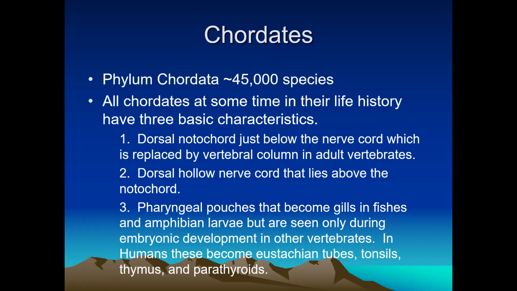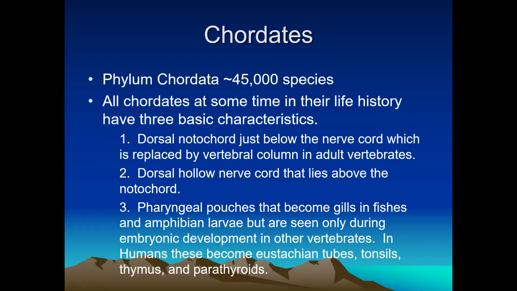And then the third thing is pharyngeal pouches. I mentioned that in the Mechanisms of Evolution lecture that I gave, which is recorded on here. I talked about how we look at embryological development to show how similar things are. I had the chicken embryo and the human embryo, and you could also look at a fish embryo. What you'd see is these pharyngeal pouches in all 3 of us.